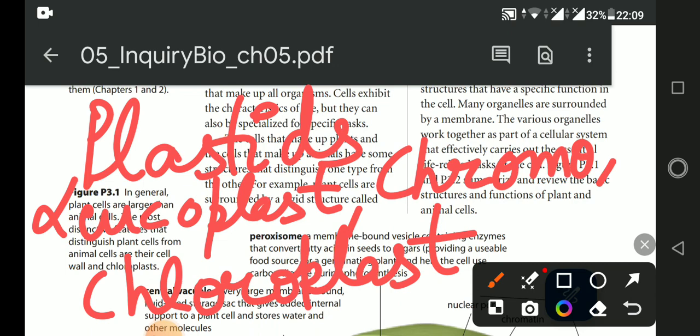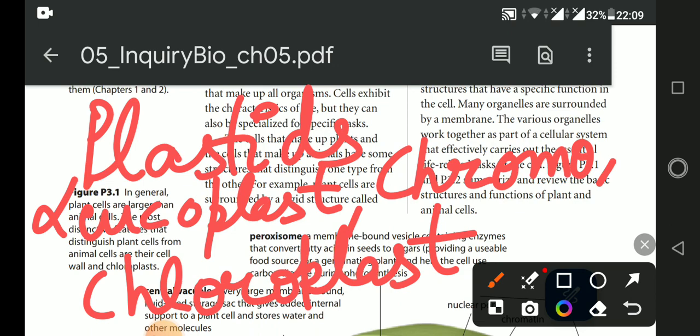Then we have chromoplast. Chromo means colored. So chromoplast is the colorful plastid in the plants, and it is responsible for providing color to the fruits, vegetables, and flowers. You might have seen a tomato turning red in color. Okay?